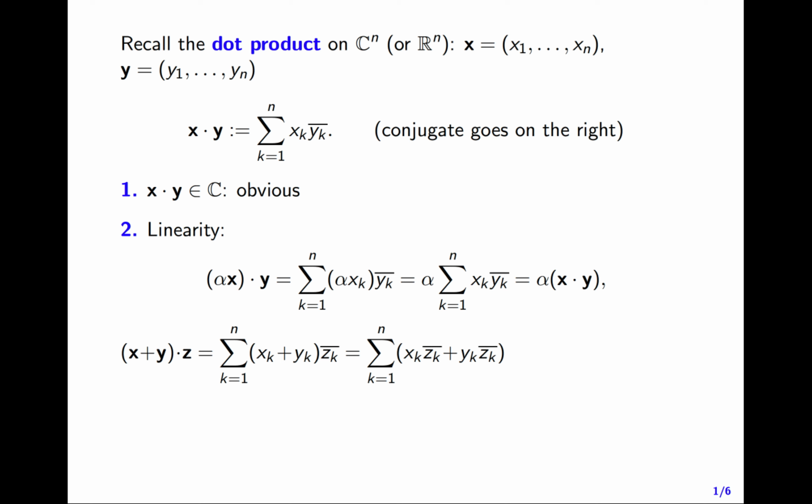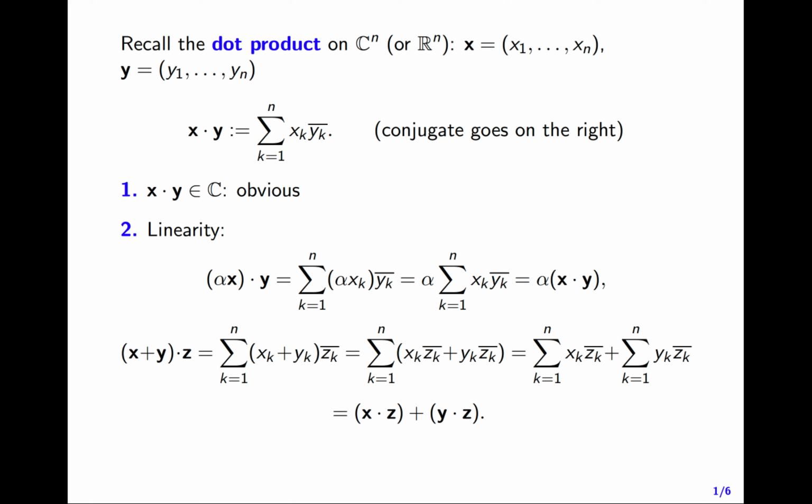I'll distribute inside the sum. This is the sum from k equals 1 to n, xk zk bar plus yk zk bar. I'll split up the sum. This is sum k equals 1 to n, xk zk bar plus sum k equals 1 to n, yk zk bar. And I look at those two sums. This is x dot z plus y dot z.